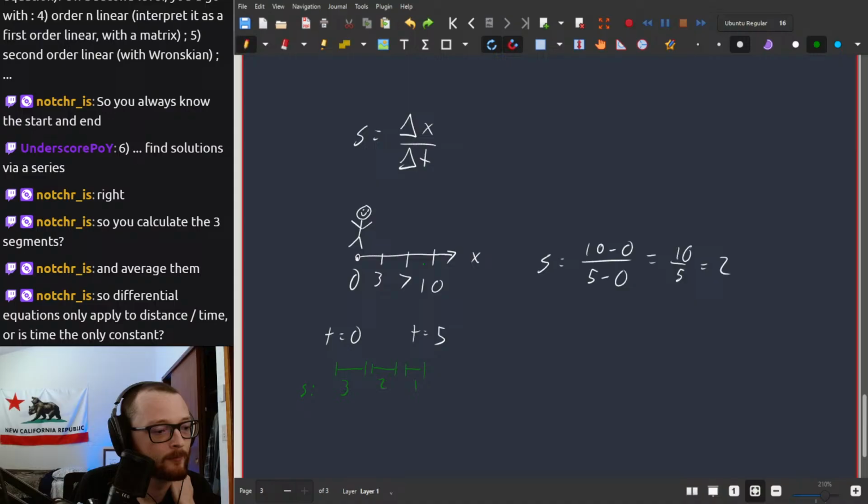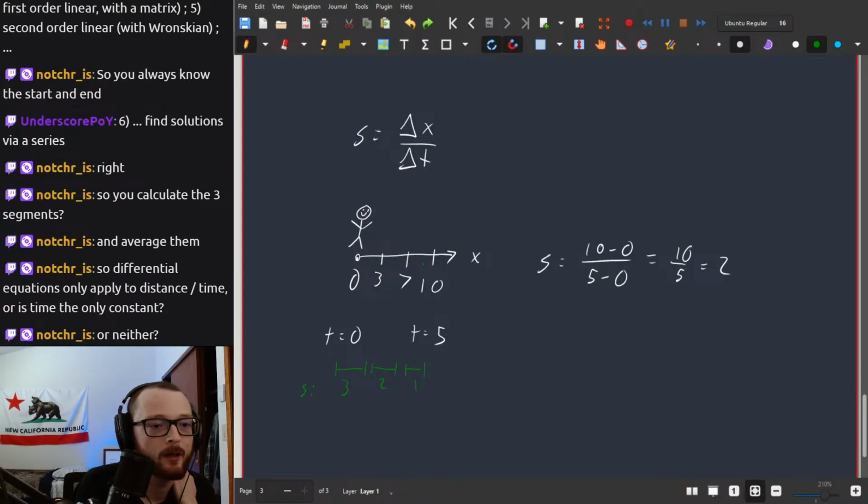There's a function relating these things. So s is a function of time and delta x is a function of time. And as it turns out, these two things are actually related through calculus.